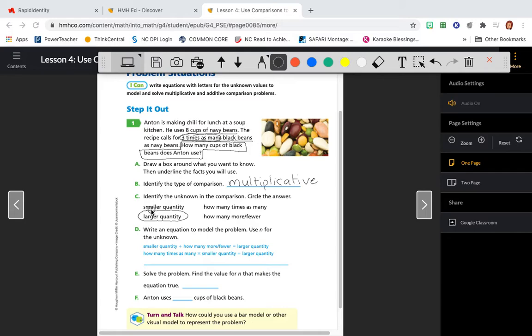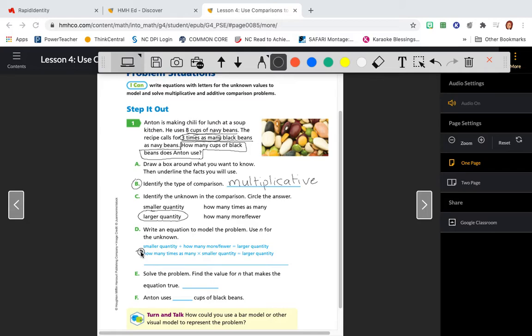Now D says write an equation to model the problem. Use an N for the unknown. Well, we go back to B, and we said we needed to use the multiplicative comparison. So we know we're multiplying. So we're going to be using the second equation. Okay? So how many times as many?